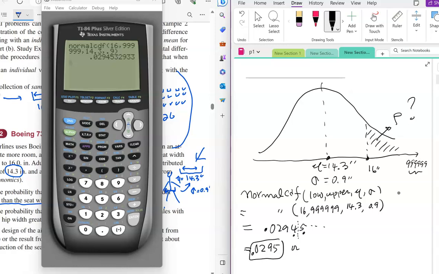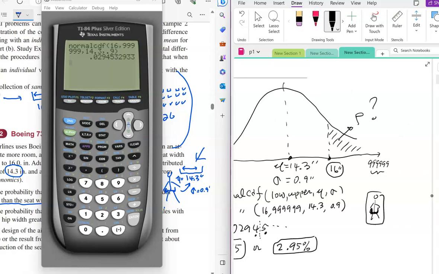Or you can say 2.95% chance that a person you just pick walking on the street, at random, has a hip size greater than 16 inches. That's the story.